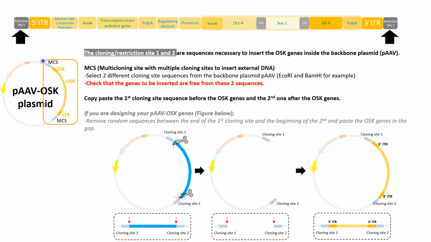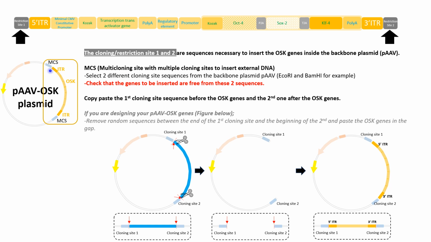Okay, so the first thing that we need to do to design our OS genes is selecting the restriction site 1 and the restriction site 2. We have here the plasmid, the multi-cloning site, okay, and we select 2 restriction sites within the multi-cloning site.